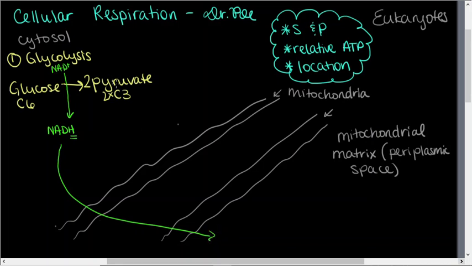Okay, this pyruvate, this is the last time it's in the cytosol, because then it's going to be transported into the matrix for the next step, which is the preparatory step. This is also called pyruvate oxidation. So basically this pyruvate is oxidized to acetyl-CoA.